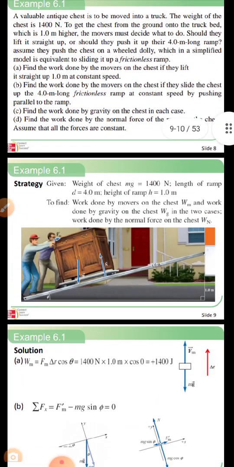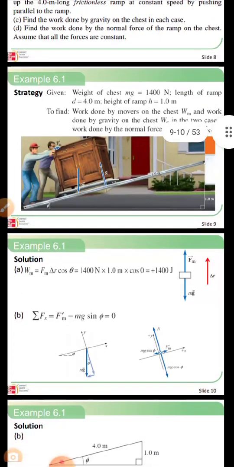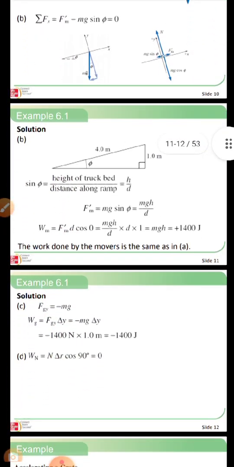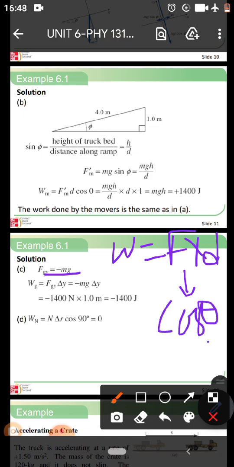C, let's go over to C. Find the work done by gravity on the chest in each case. So this is the force, and in this case work is force times distance times cos theta.